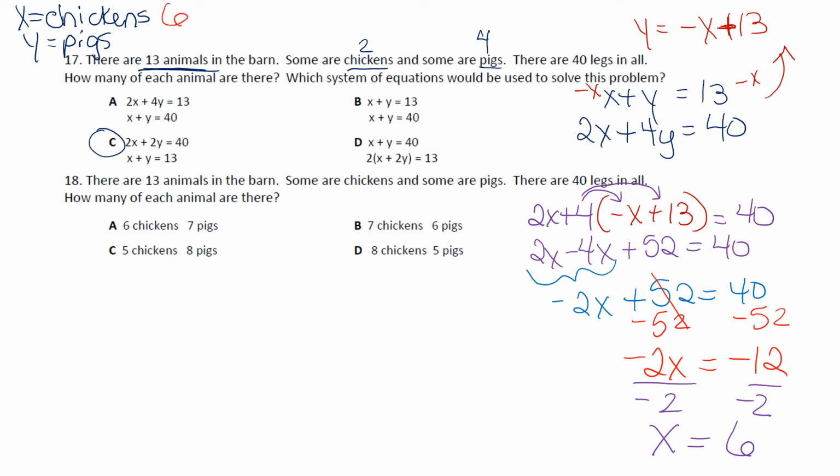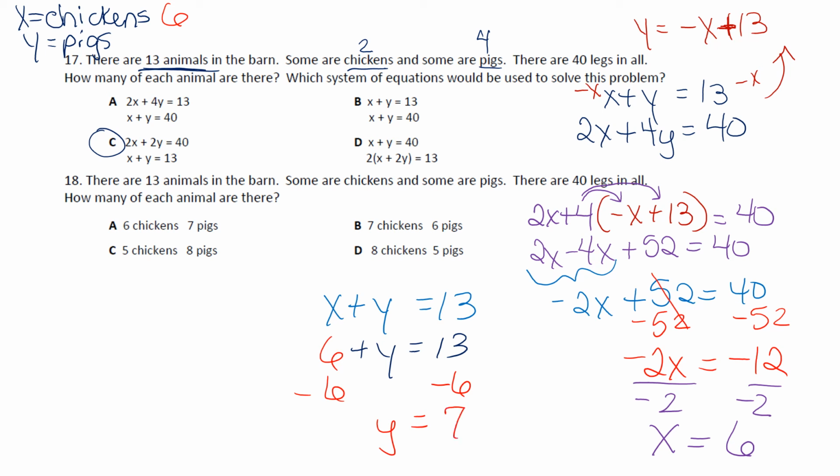Then to figure out my pigs, we're going to substitute our number into one of the equations. So I'm going to plug into the first equation, x plus y equals 13. If x is 6, 6 plus y equals 13, subtract 6 on both sides, y is going to be 7.